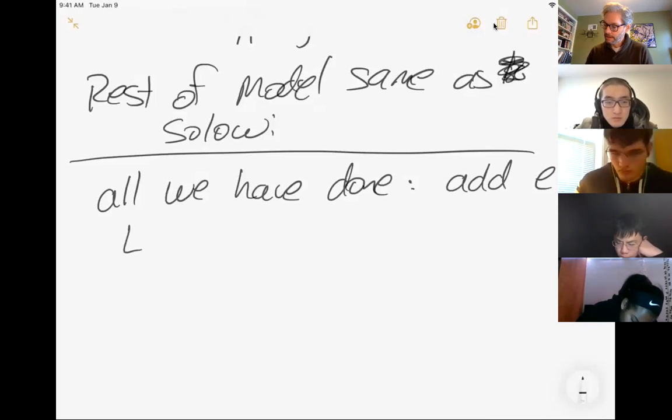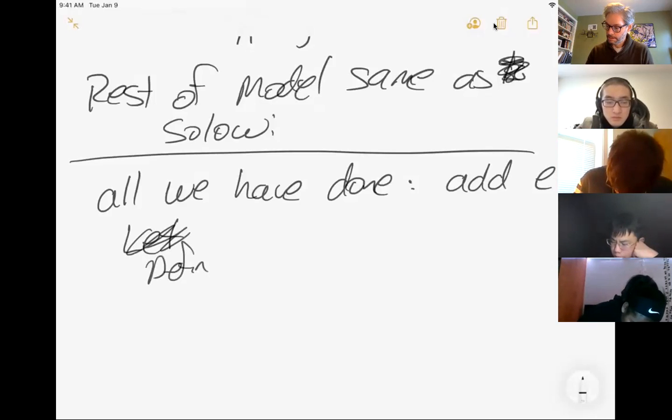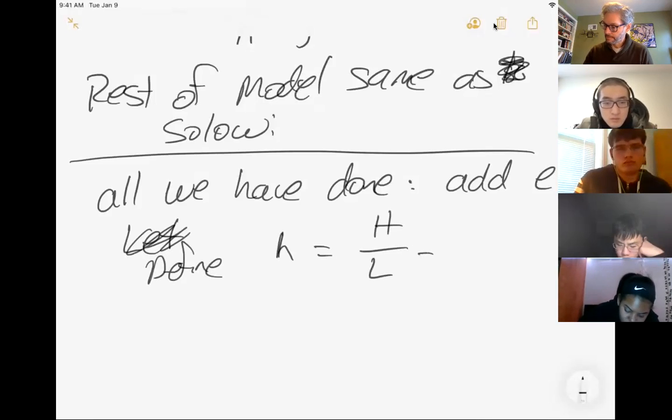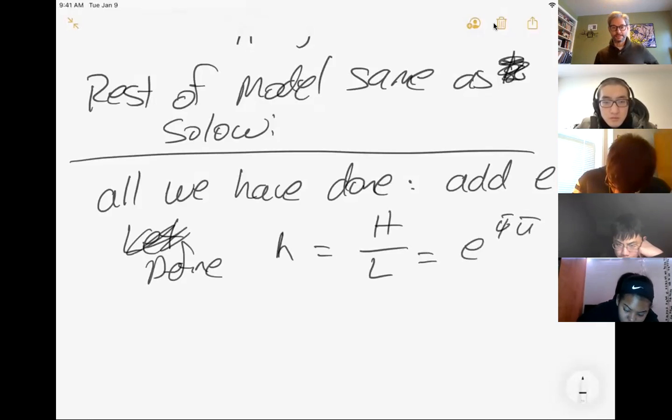In fact, let's define little h as this, okay? Little h is capital H divided by L. It's per capita human capital.